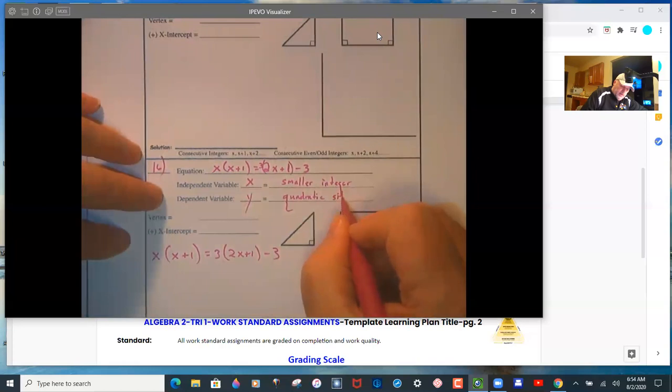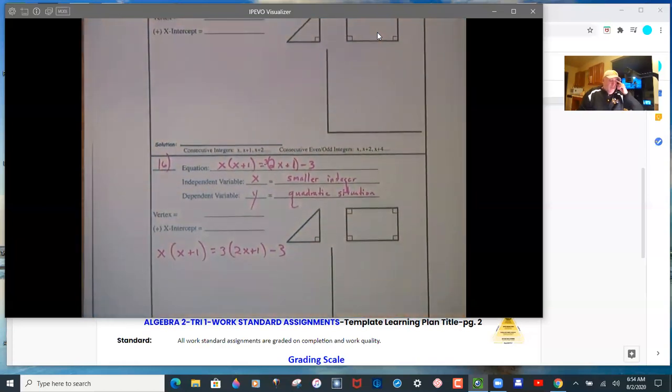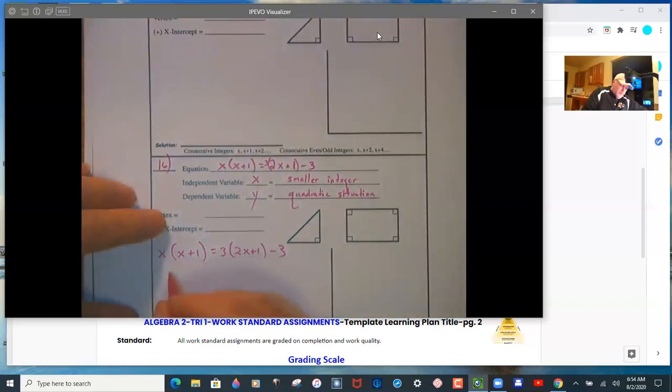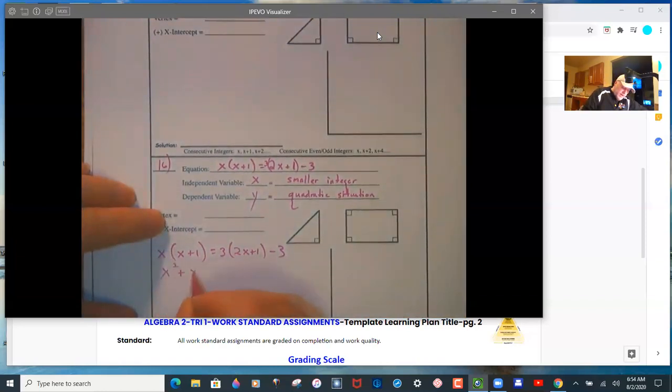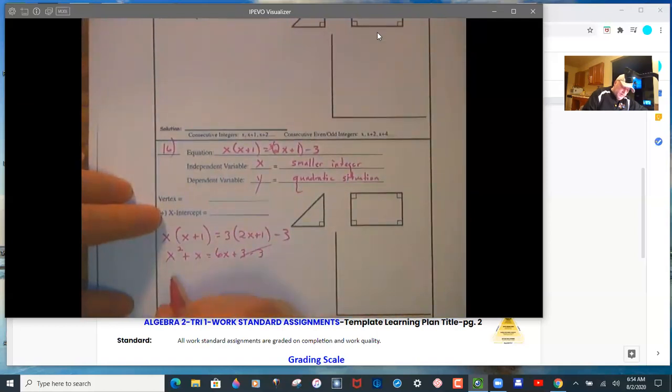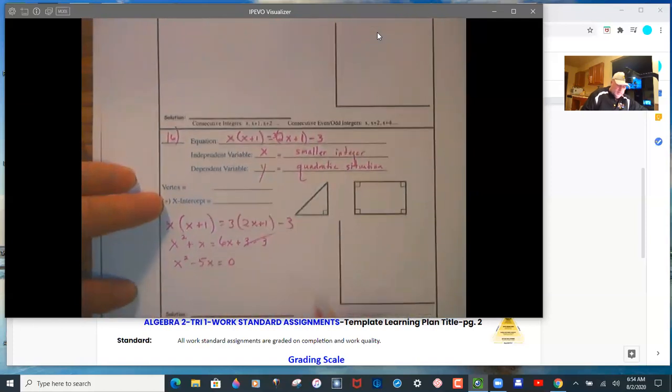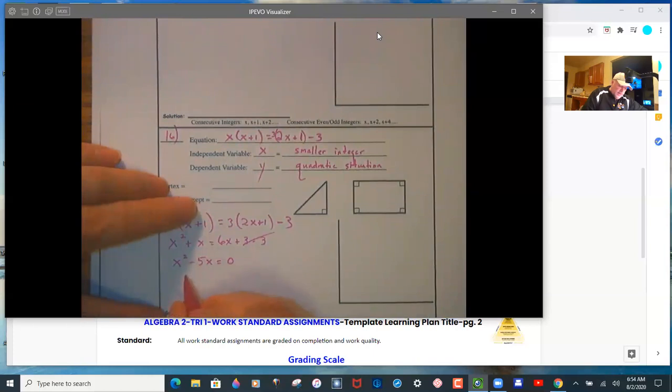We'll call it the quadratic situation. Okay, so x squared plus x equals 6x plus 3 minus 3. So the 3's drop out. So we're going to have x squared minus 5x equals 0. So we're going to have 0 and 5.